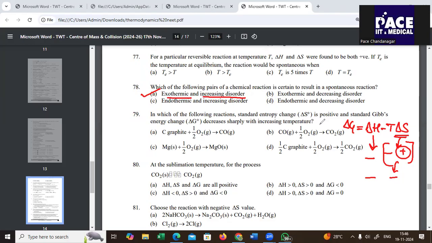Next, moving on with 79. In which of the following reactions is the standard entropy change delta S positive, and the standard Gibbs energy change delta G decreases sharply with the temperature?